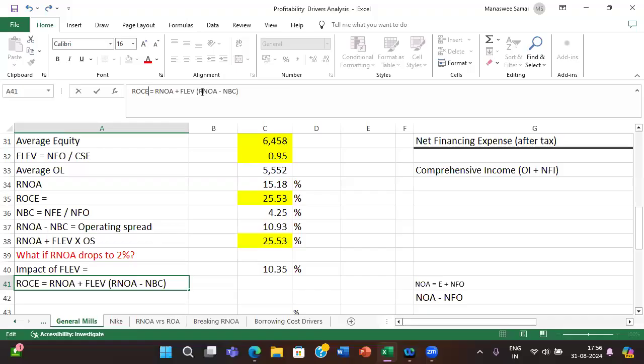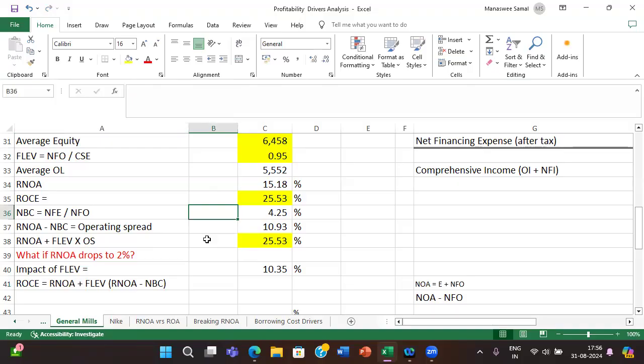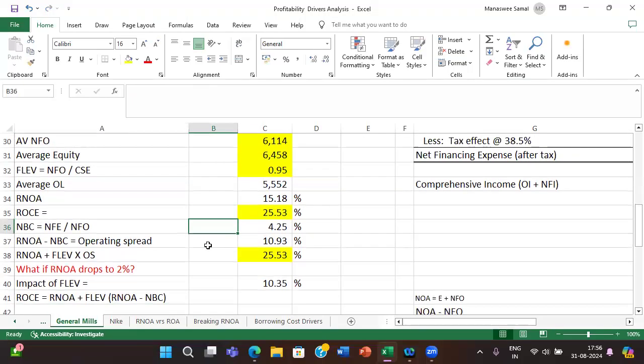And you know that this spread between RNOA and NBC, we call it the operating spread. So this NBC figure is nothing but the rate at which NFE is incurred upon NFO. It's a rate only, a percentage, right?